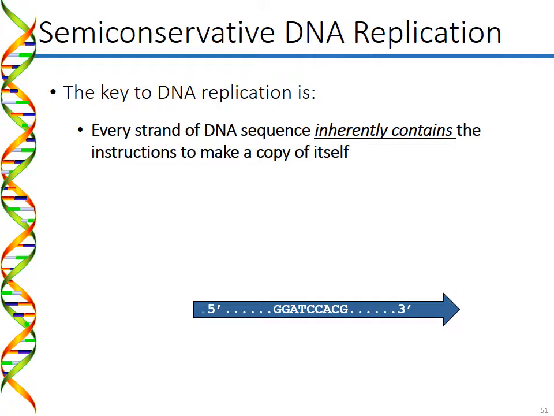This strand, of course, would be a long sequence of nucleotides. For the purposes of our diagram, we're just looking at these 9 in the middle. So we have GGA, TCC, ACG.